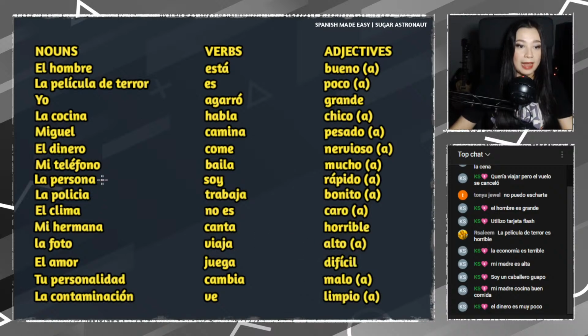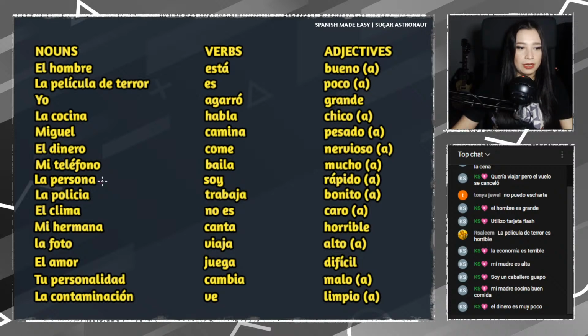La persona. La persona es or está again. You can use these two verbs for pretty much everything, in every situation. La persona es, and again, it's very similar. Let's try a different verb because I don't want to repeat the adjectives.